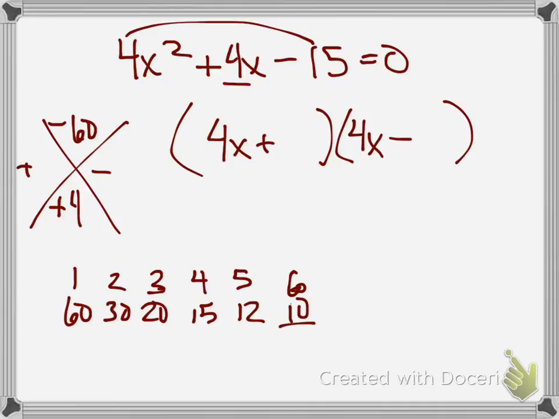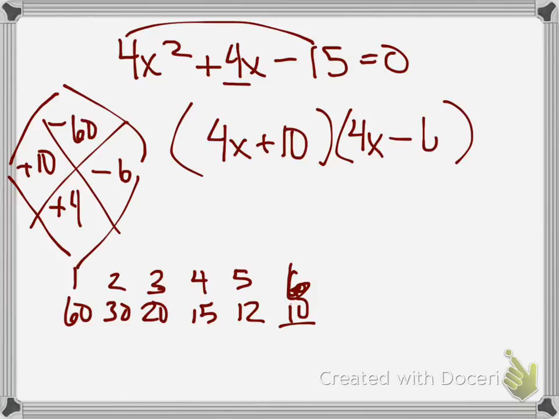Yay, finally. Oh, goodness gracious, that's horrible looking. Okay, so here it goes, 10 minus 6 gives me positive 4. Keep in mind that the 10 and the 6 multiply to give you 60, and 10 minus 6 gives you the 4. So I'm going to put those here.